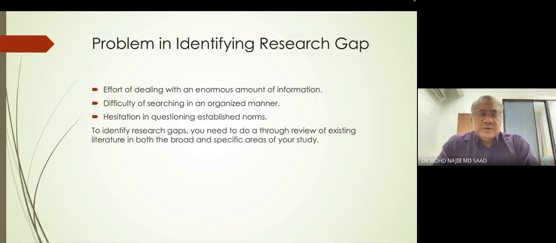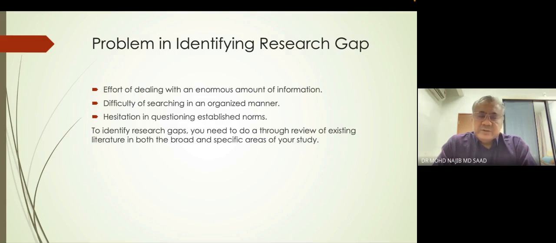Number two, difficulty of searching in an organized manner. With this enormous amount of information, it is hard for us to search for this information to identify the gap in an organized manner.